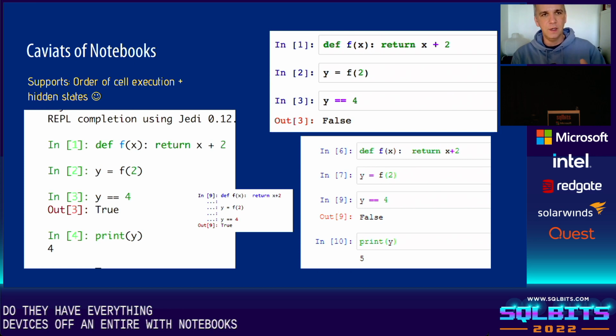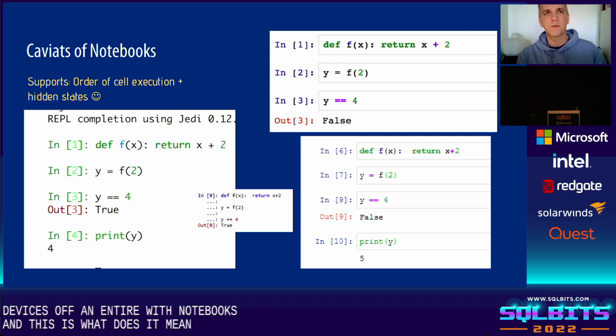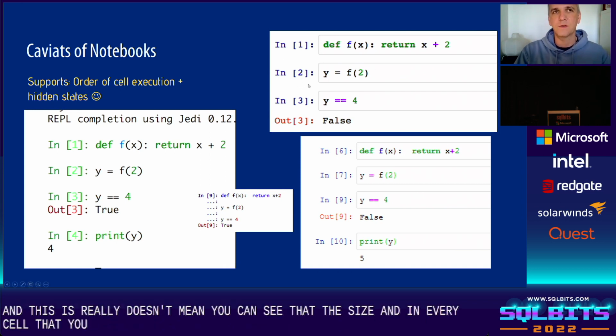So first of all, order of execution of cells and hidden states. I really hate this. What does it mean? For those who are running notebooks, you can see that these are the cells, and every cell that you run is sort of enumerated. But this enumeration is basically up to you.